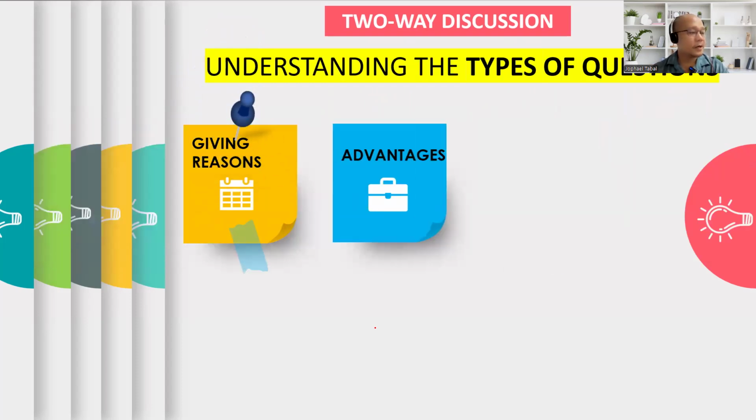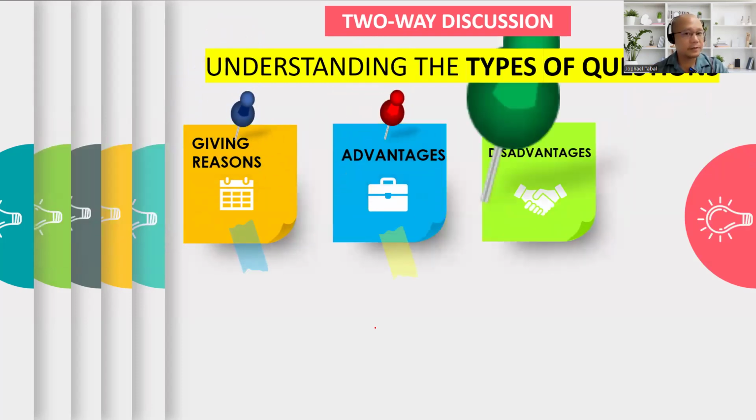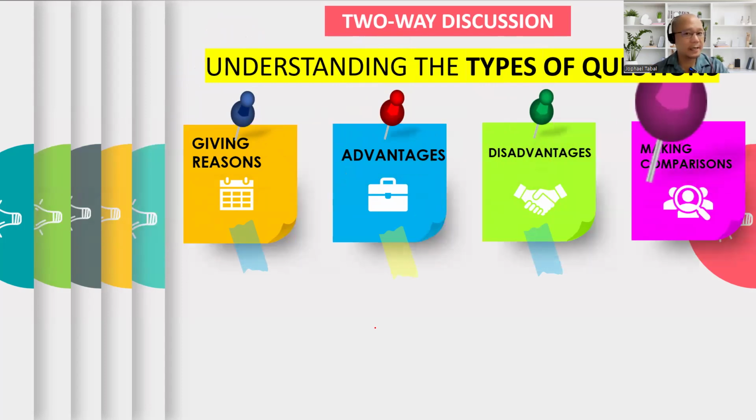In this part of the test, the candidate has to understand the types of questions: questions where he or she is going to give reasons, give advantages or disadvantages, or make comparisons.